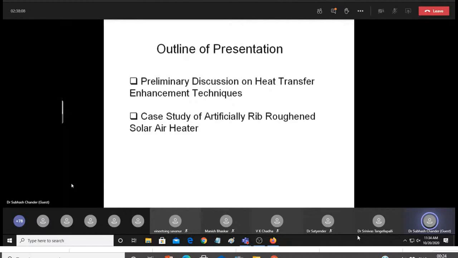This is the PhD work of one of my students, who analyzed the solar air heater surface by putting artificial ribs over it, and he could monitor how much enhancement in heat transfer he could get. We noticed an appreciable increase in heat transfer enhancement when we provide artificial ribs on the solar air heater, or we can say the absorber plate of the solar air heater.